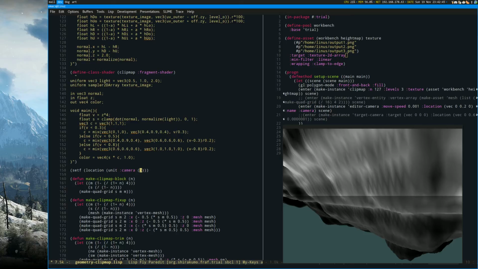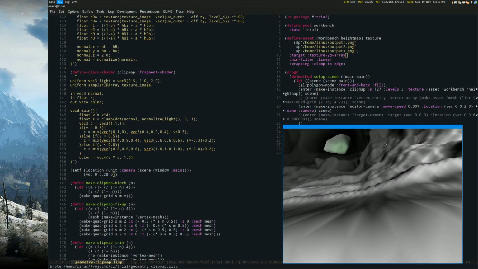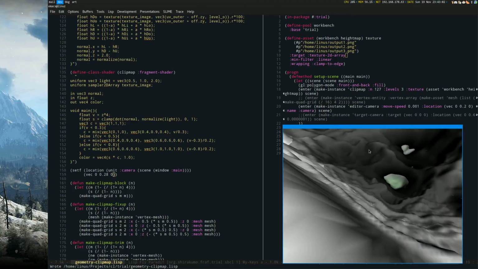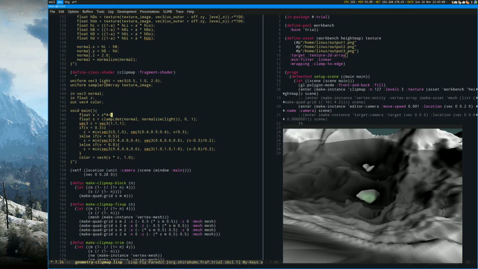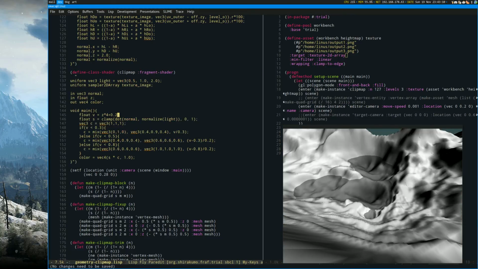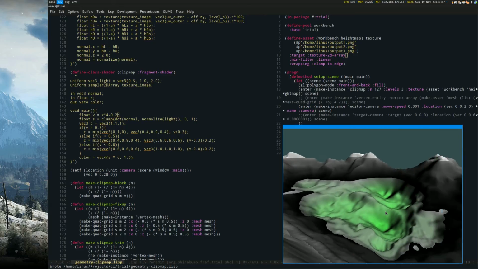Unit camera C, 0.28 something. Okay. So definitely not yet what we want. Interesting.